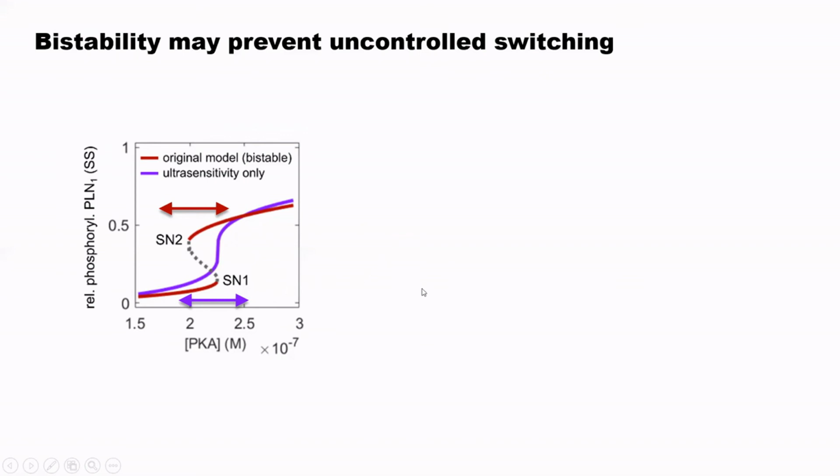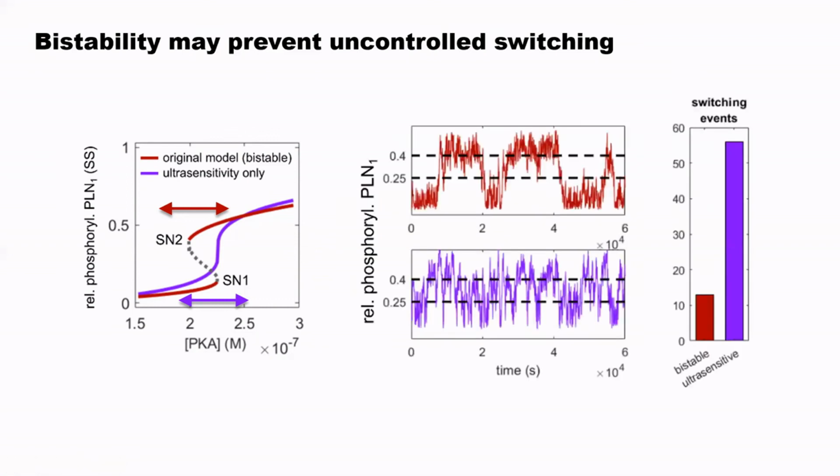And in order to make sure that the fluctuations I'm looking at here are not already filtered out by the low-pass filter, I subjected the model to very slow fluctuations, to make sure all these fluctuations can cause their effect. When I then compared the bistable model, shown here in the red curve, with the non-bistable model, I found that the phosphorylation state in the presence of bistability is generally much more clearly defined and switches far less frequently.